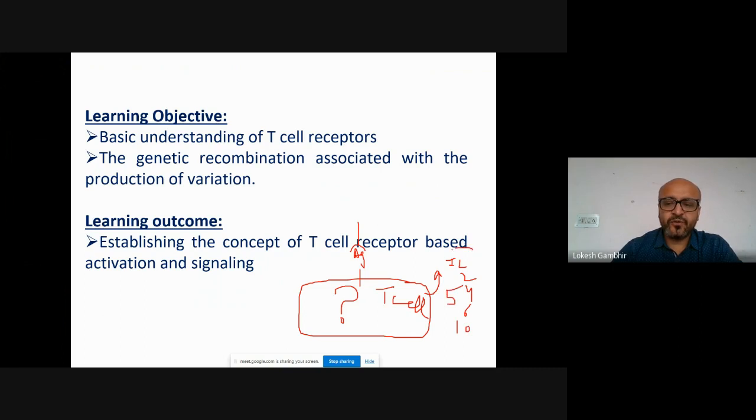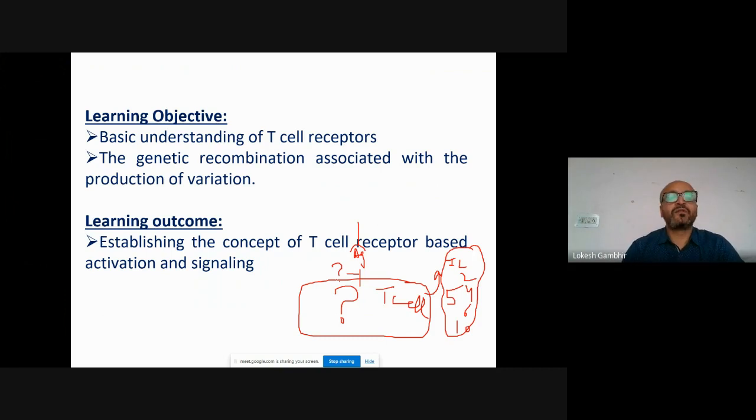All those cytokines required for T cell mediated immune responses, what is exactly happening inside this T cell, and what is the role of this receptor in signal conduction or signal transduction inside that cell?